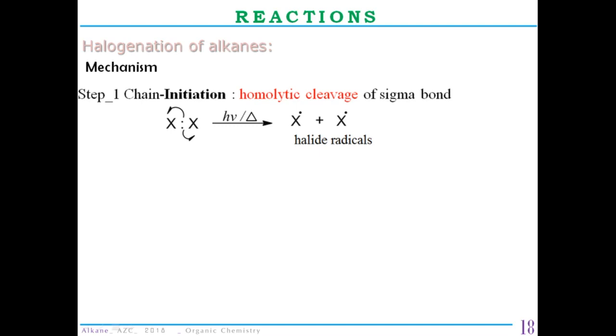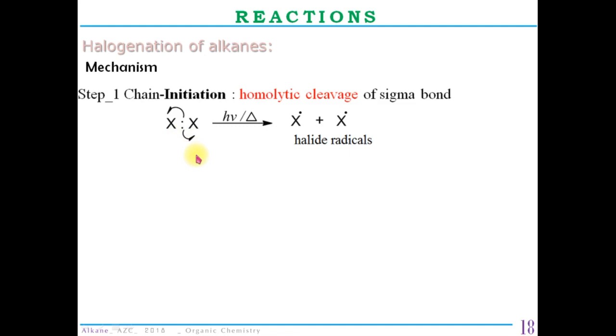Here is the mechanism for any free radical reaction. We have three steps, where the first step is chain initiation, which is homolytic cleavage of sigma bond of one reactant. Here we have halogen. There is homolytic cleavage.